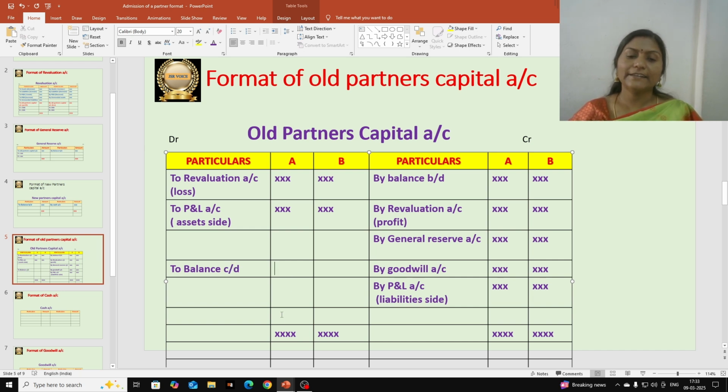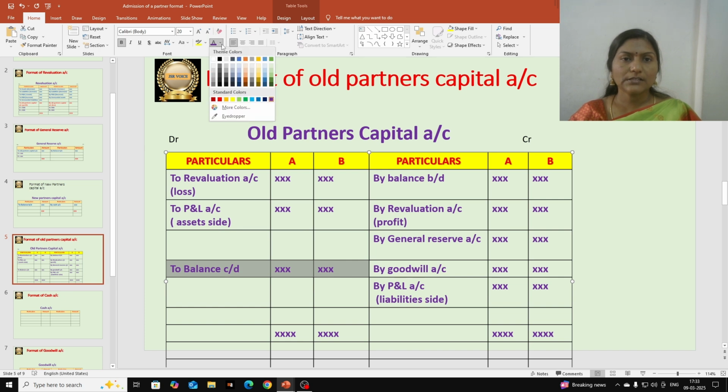So how we will get this? From this total, you deduct the above values, then you will get balance carried down. And next, here also same thing. From this B total, you deduct these two values, and then you will get B balance carried down. Okay, these are the capitals after adjusting all these items of old partners.